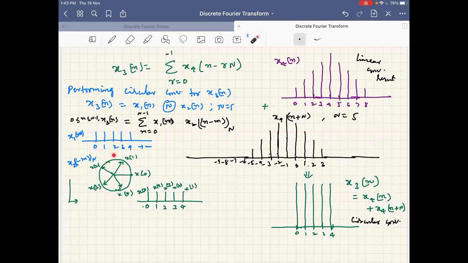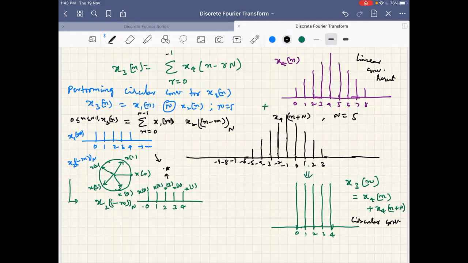What I'm writing here is x2 of minus m, modulo n. So this and this, when multiplied together, that means when I perform the element multiplication and sum them, that is the convolution operation.